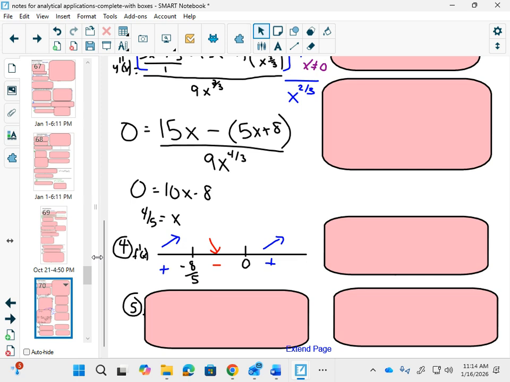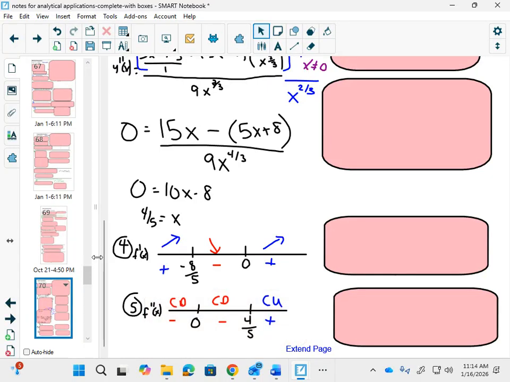Very easy to forget about doing the non-permissible value. You get so used to finding stationary points that you forget critical points also includes non-permissible values. Same thing with our second derivative. We have to include that non-permissible value, even though it's concave down on both sides of it.